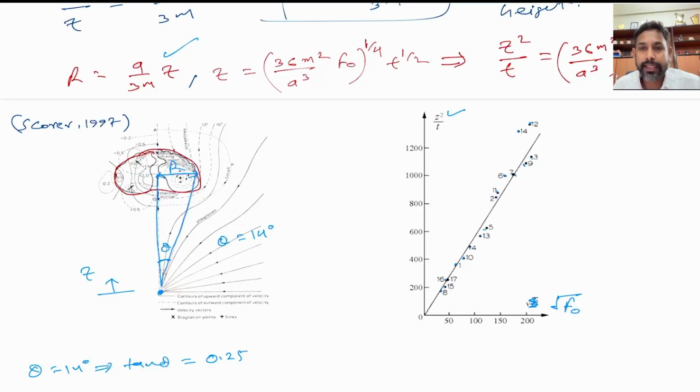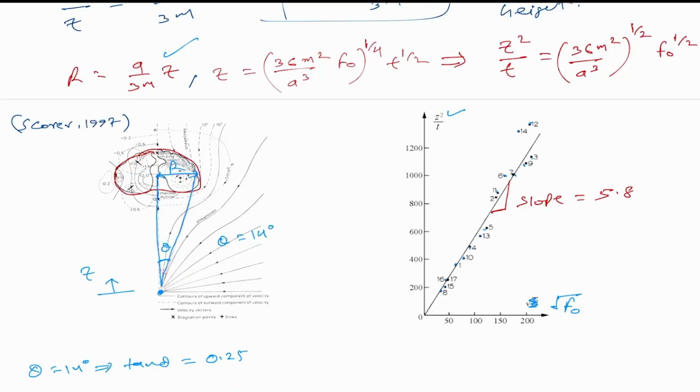Okay, and for each experiment, this Z value is measured against time and plotted here as Z square by time over square root of f naught. And you can see it very nicely follows a straight line, a linear behavior, right? And if you try to find the slope of this straight line, that has a value of 5.8.